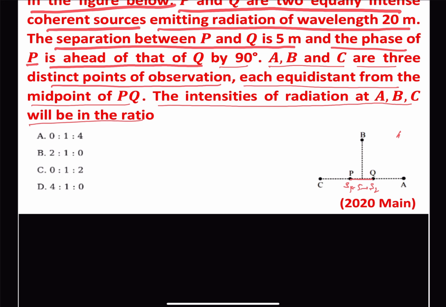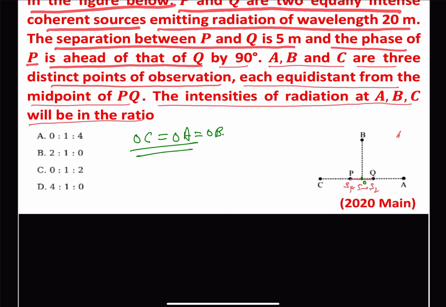It is also given that each point is equidistant from the midpoint of PQ. Let us suppose we call the midpoint O. So the distance OC is equal to OA is equal to OB.